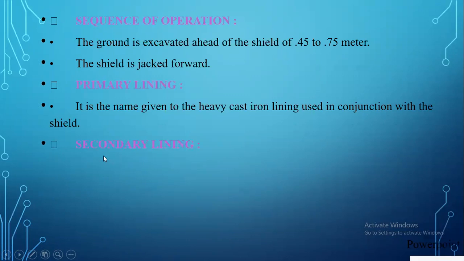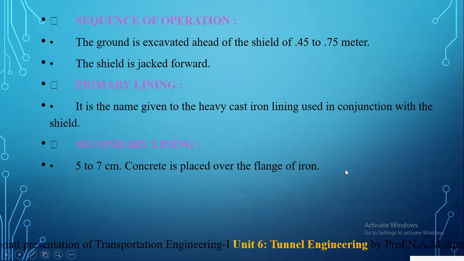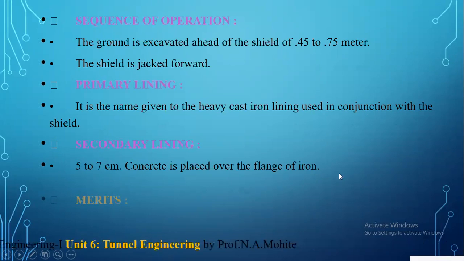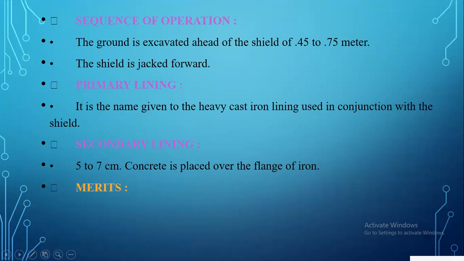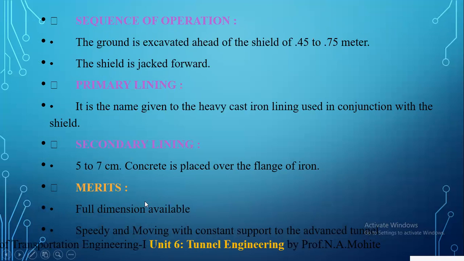Then secondary lining is done, having a thickness of 5 to 7 centimeter, in which concrete is placed over the flange of the iron. The basic merit is that the full dimension of the tunnel is available to carry out the work, and it is speedy and moves with constant support to the advanced tunnel.